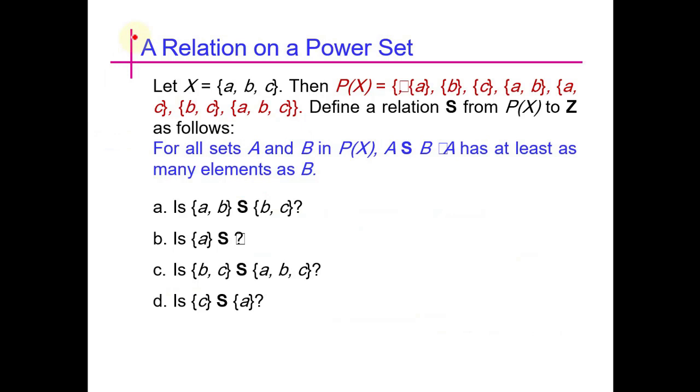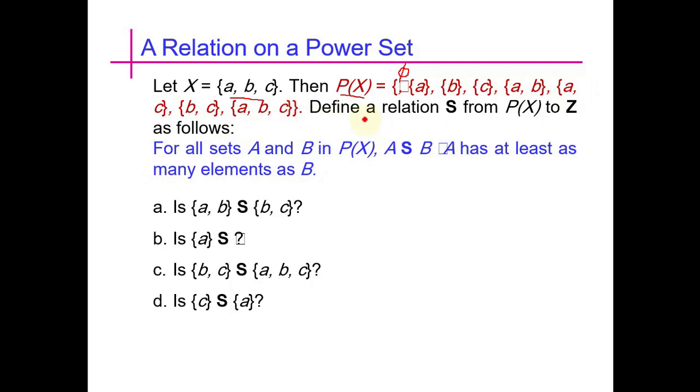Now we study a relation on a power set. Here we have a set X with 3 elements a, b, c, and the power set of X is phi, then the singletons, then ab, and then abc.